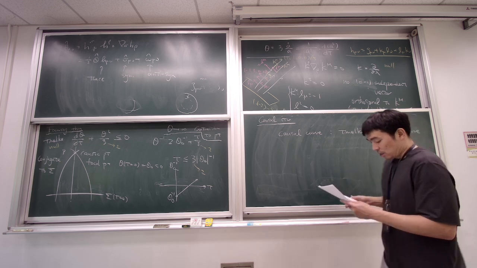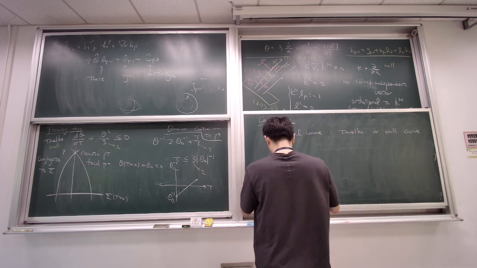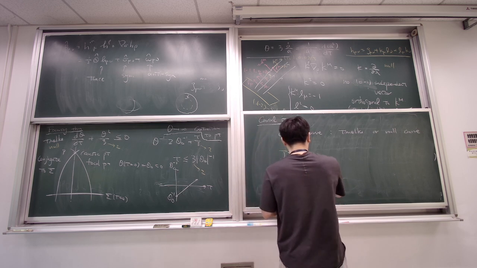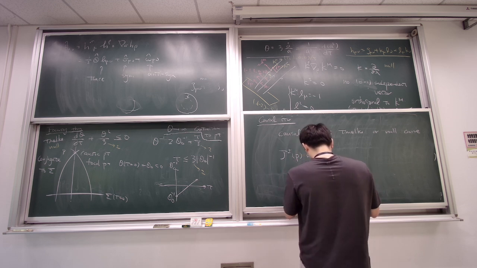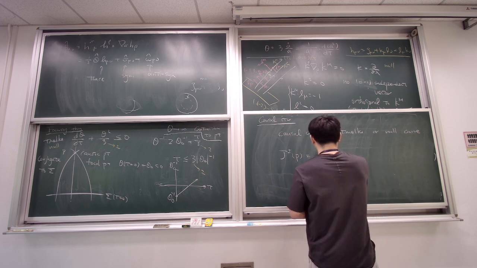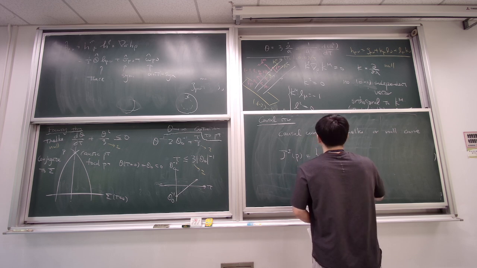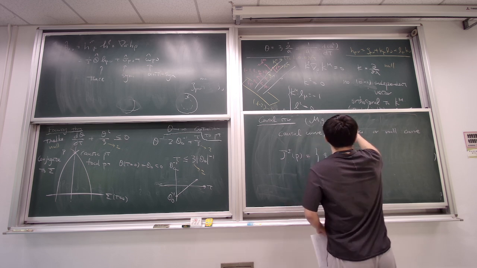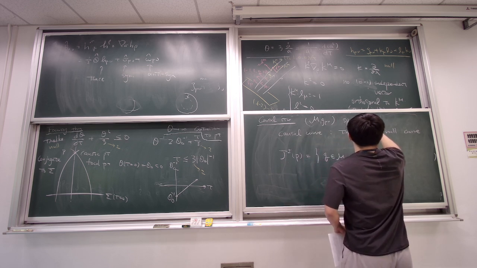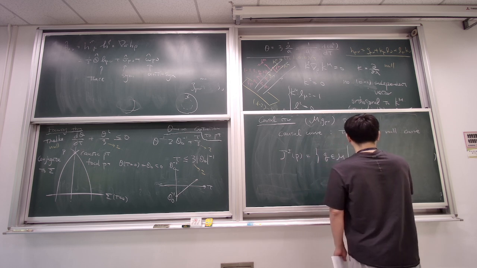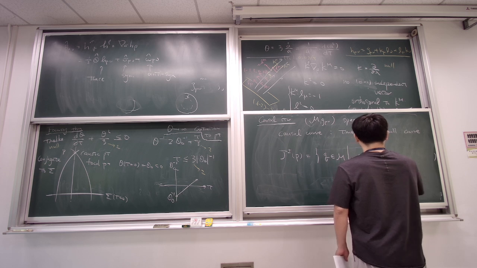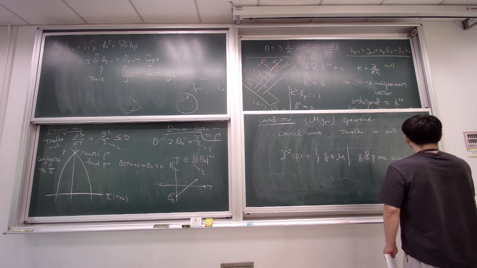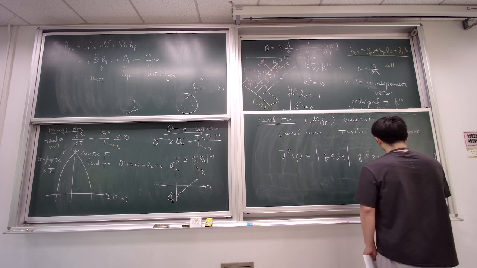And then the causal future and past, J plus minus of P, is the set of Q in spacetime, so the manifold M with metric g mu nu, such that Q and P are connected by a causal curve.